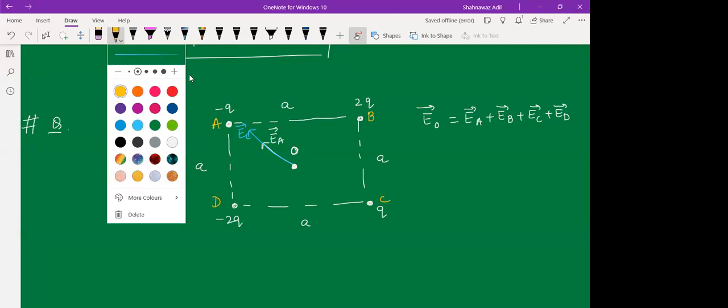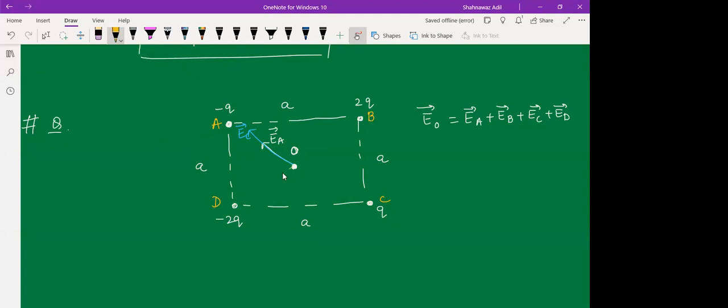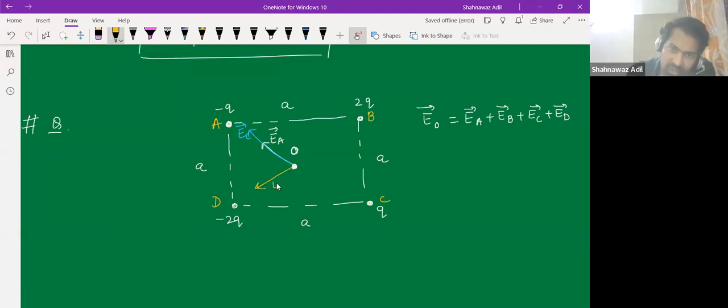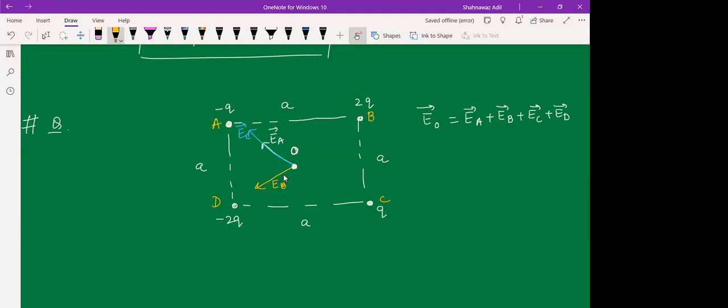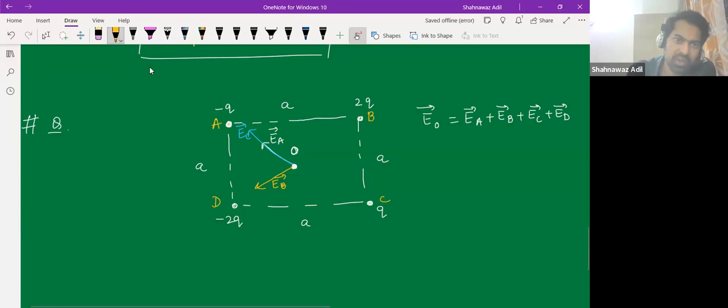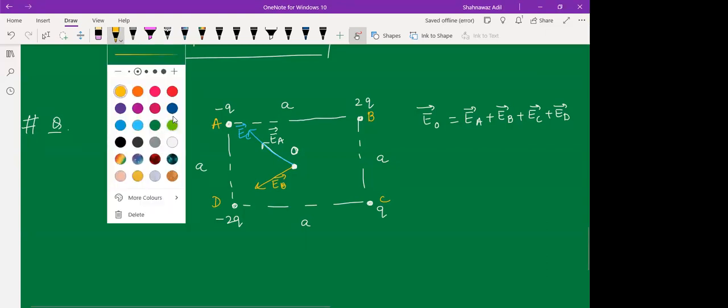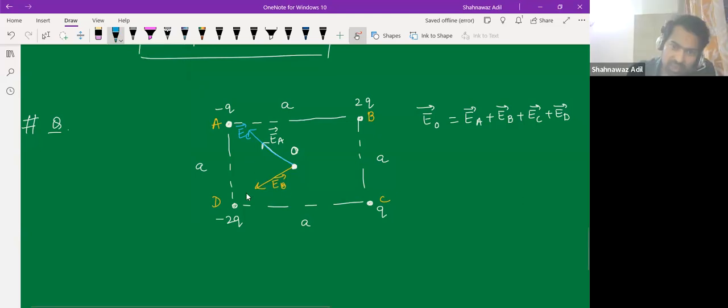Away from B, sir. Away from B, so in this direction. And due to D, towards D or away from D? Towards D, sir. Towards D, right? So we have this. Good. So now we have all these directions, right?